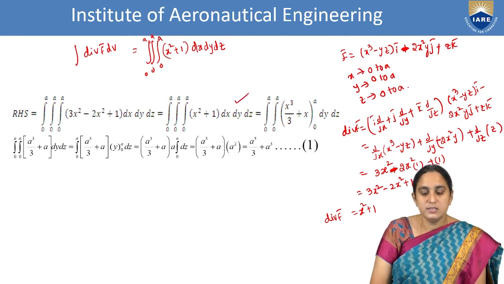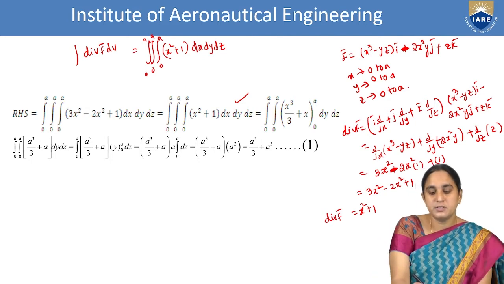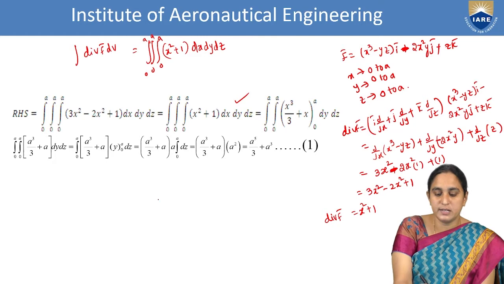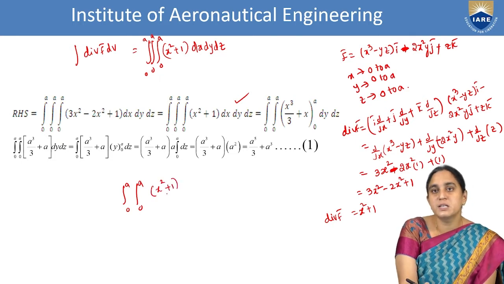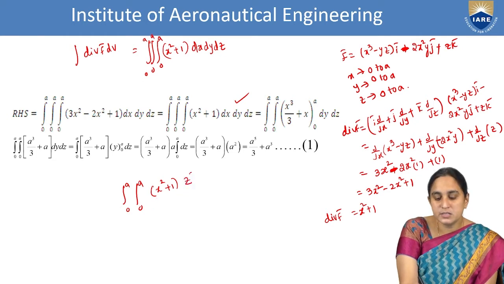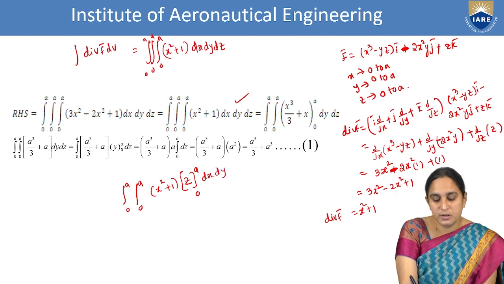Now first integrate with respect to z. Integral 0 to a, 0 to a, x square plus 1 with respect to z, I'll consider x square plus 1 as the constant, and dz integration as z. The limits are 0 to a, and dx into dy.